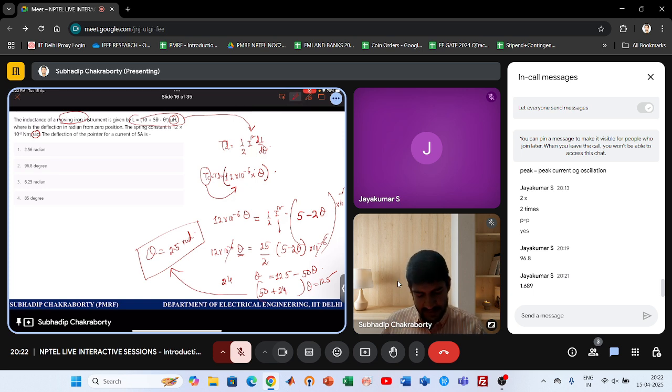So there is 24 theta here, and then we can plug it in, and we get theta as 125 by 50 plus 24. So 125 by 74 radians, right?